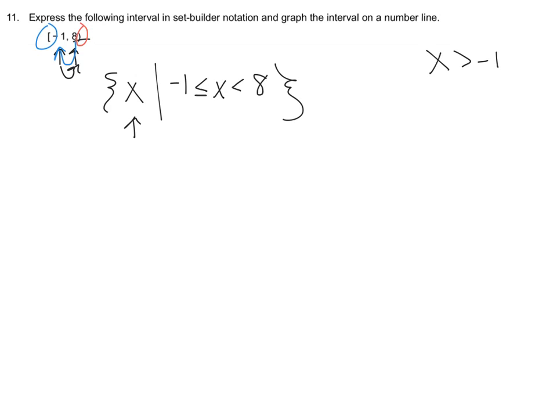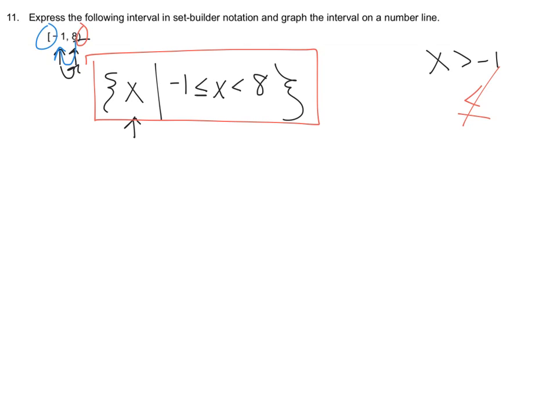Parenthesis means that the number is not included in the set. So I'm not going to have a line underneath my less than sign. It's just going to be a less than sign. There's no line underneath it. This is my answer in set builder notation.